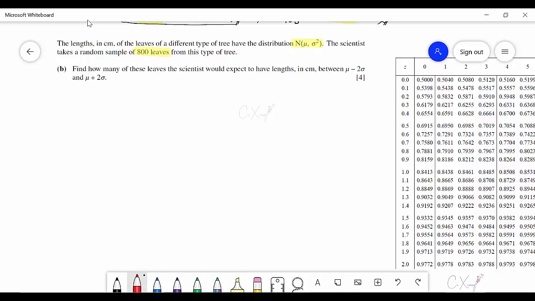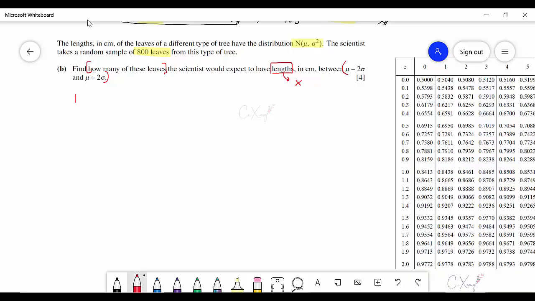Okay, so they are asking how many of these leaf would we expect to have length in cm between this and also this length. All right, so again, our variable that we defined earlier, the length, means x.